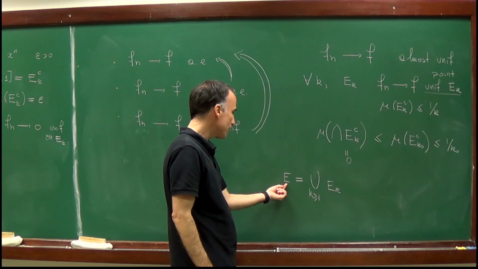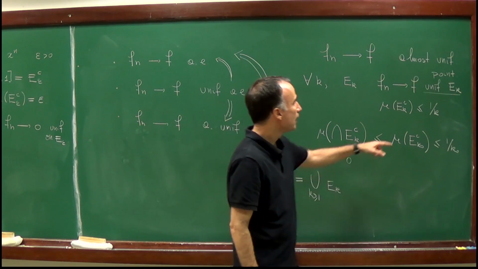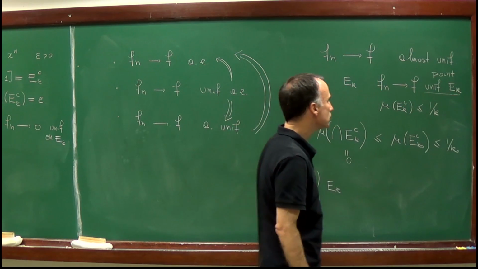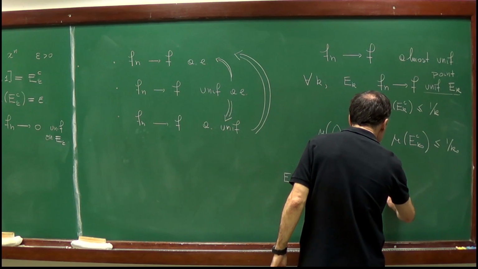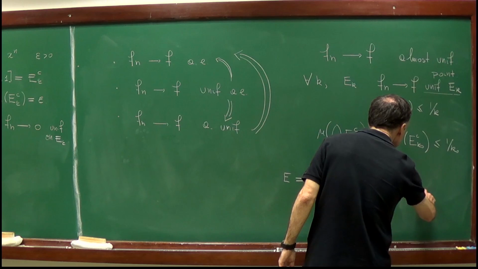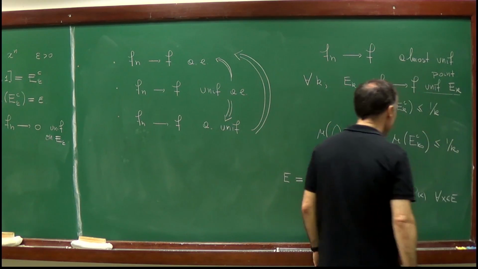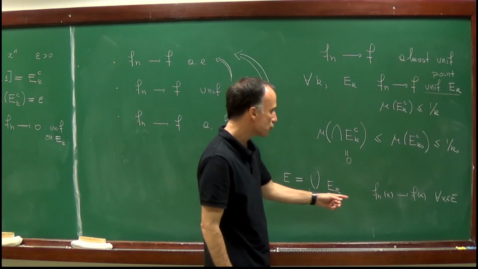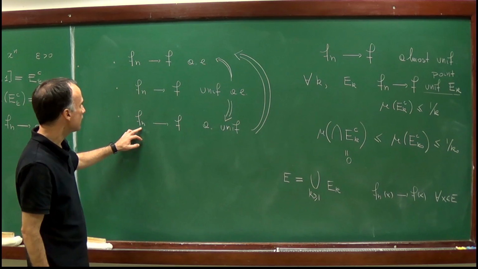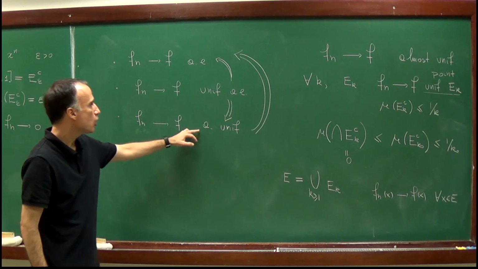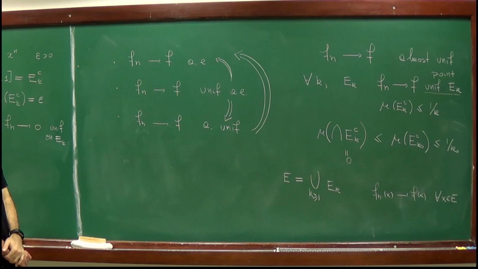Because take a point x in E, this means that it belongs to one of these Ek, and I have pointwise convergence on Ek. So I have that fn(x) converges to f(x) for all x in E. And this is exactly almost sure convergence of fn to f. So this proves that if fn is converging to f almost uniformly, it converges to f almost everywhere.